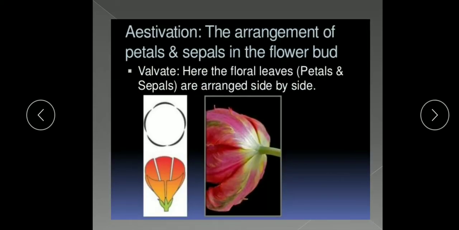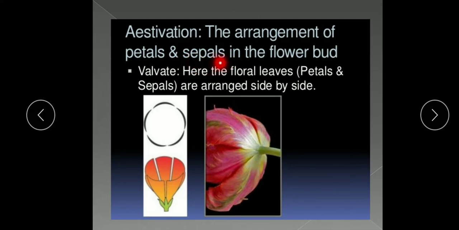So children, you have studied already about the flower and its four floral whorls. The outermost whorl, which is calyx, made up of the sepals, and the second whorl, which is made up of petals, known as the corolla. So these petals and sepals are arranged in a floral bud in various ways.